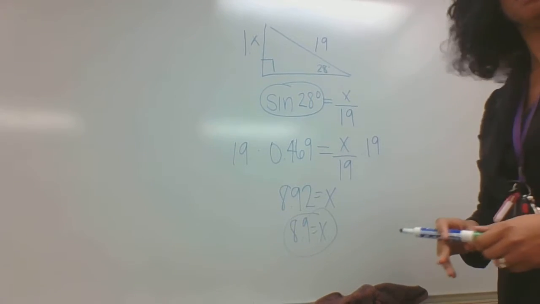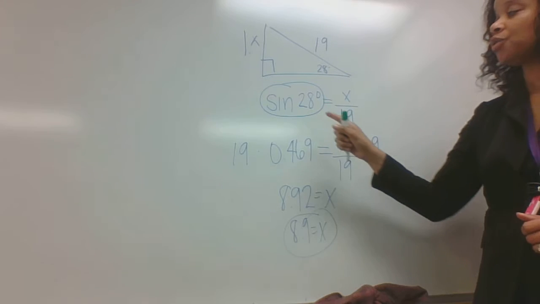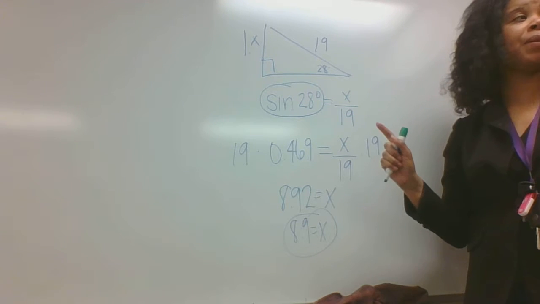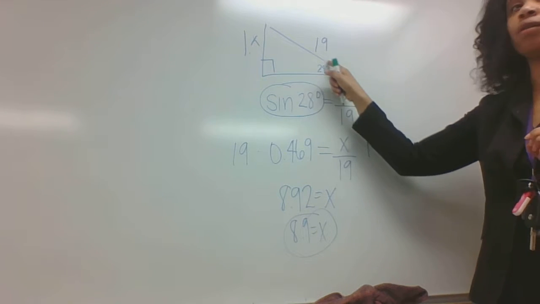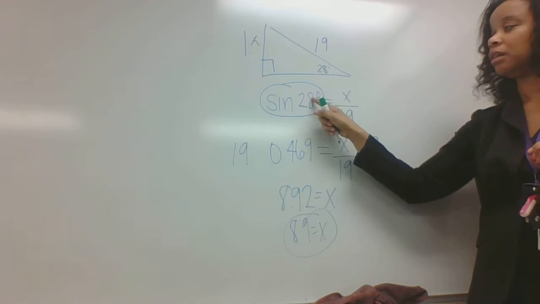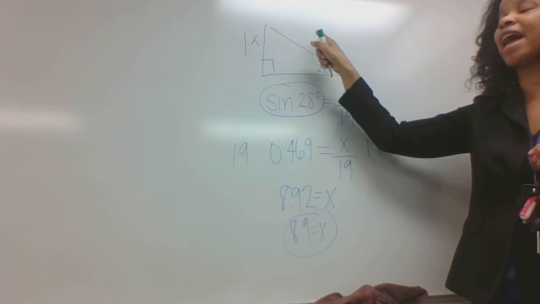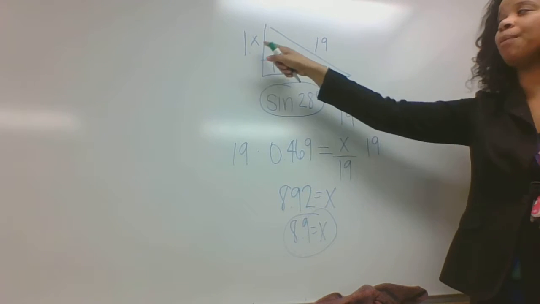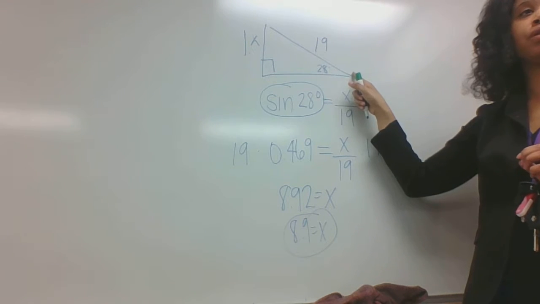Wait, Miss Smith, can you explain what you did again? Because I couldn't see, so I couldn't follow. Okay, so I set it up just like we know that sine is opposite over hypotenuse. So here's your angle, the sine of 28. And how did I figure out sine? Because the two sides that I have represent the opposite of 28 and the hypotenuse.